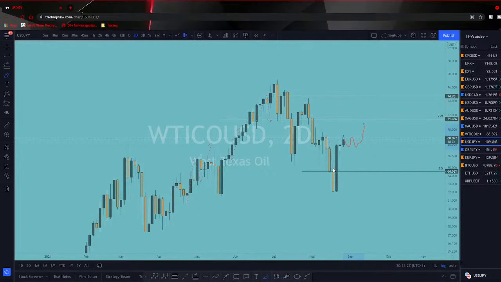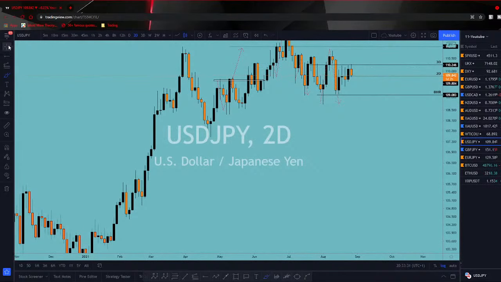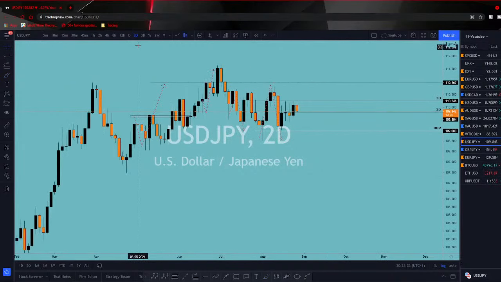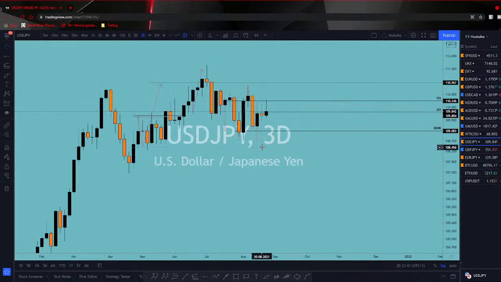UJ, start with 3-day. Beautiful sell on UJ. As you can see how it is respected. This is a valid sell without the volume that's up there.